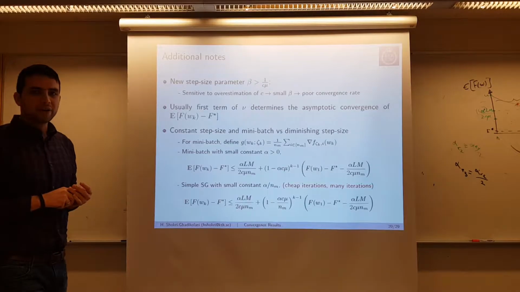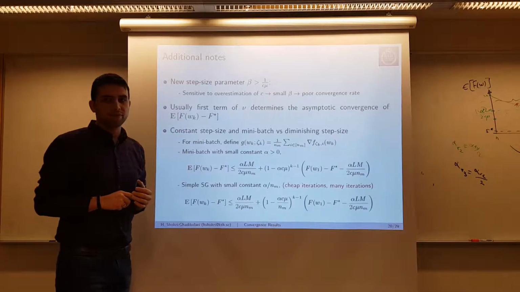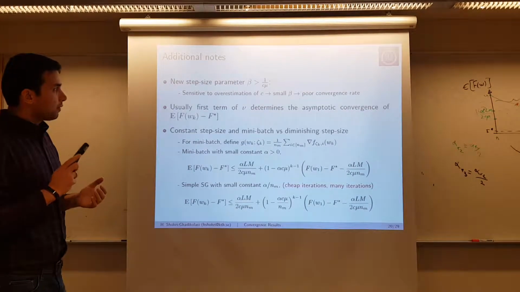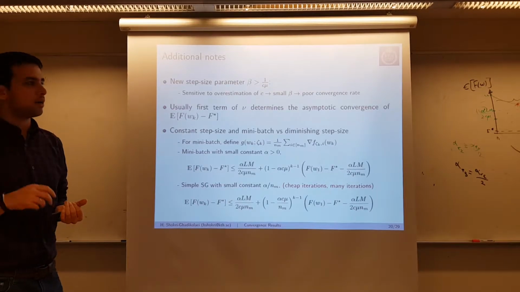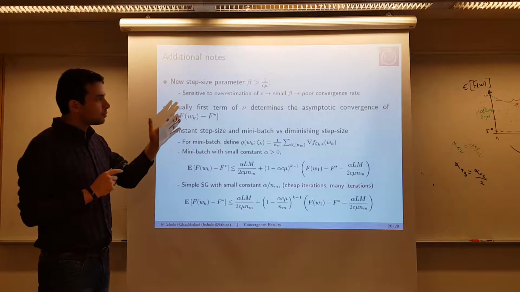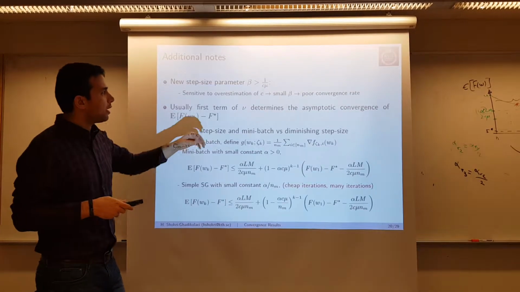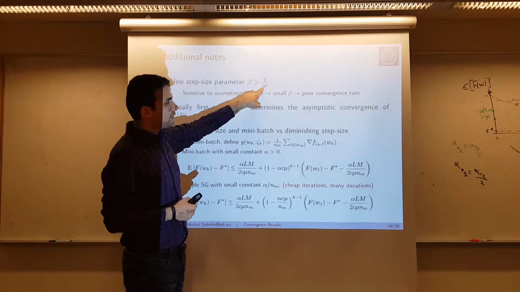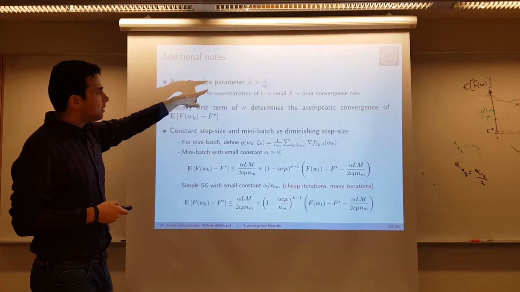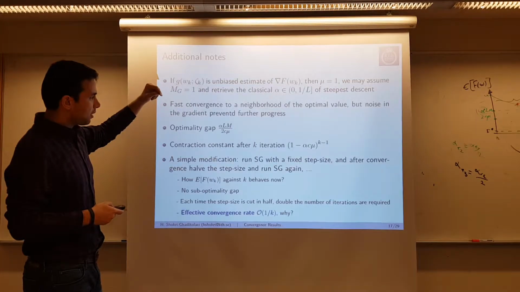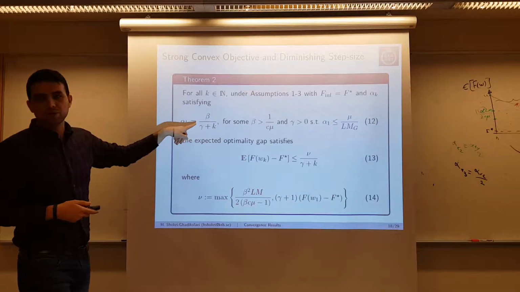First of all, now we have a new parameter in the step size, which is beta, and it should be greater than 1 over c mu. What is the problem with this form of requirement? The most important thing is that this is very, very sensitive now. Why? Because if you have an overestimation of this c, then you have an underestimation of beta. And what is the meaning of underestimation of beta? If I come back to the step size, beta is in the denominator of alpha, right?